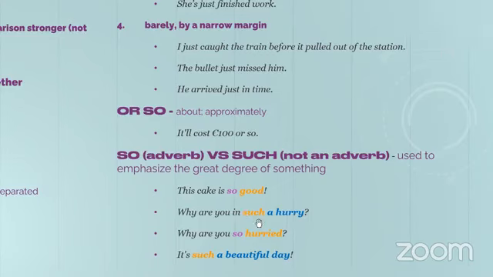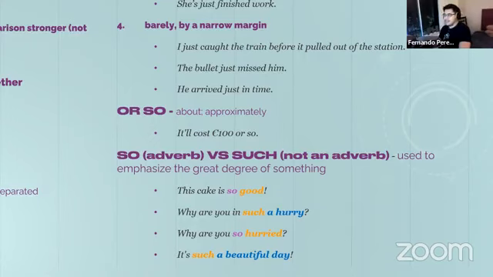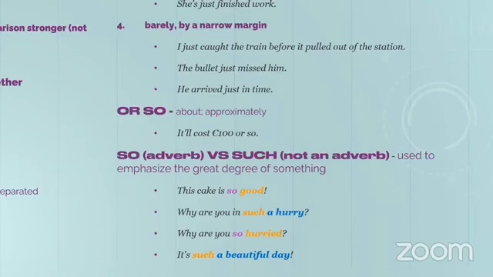It must have an article: a hurry, a beautiful day, something. Usually. Such a, such an. Let's say it's a chunk. They go together.